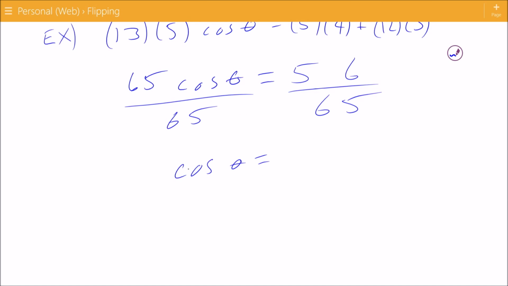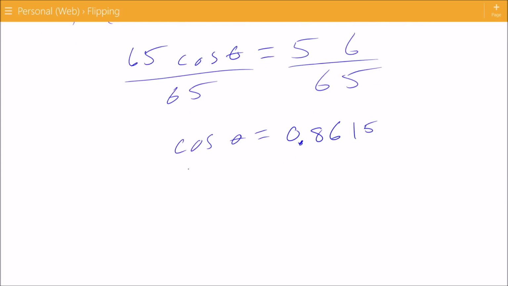I try and leave as much of this in my calculator as possible so that we don't get too much divergence from an accurate answer by rounding. I'm going to go just for the heck of it to the 10,000ths here. Usually I just use the second answer key in my calculator just to store that.